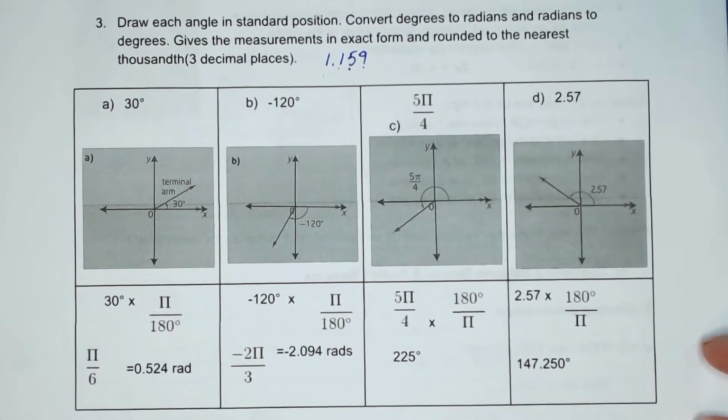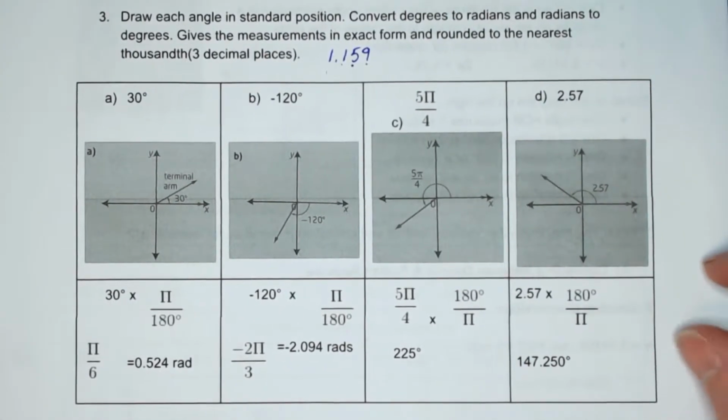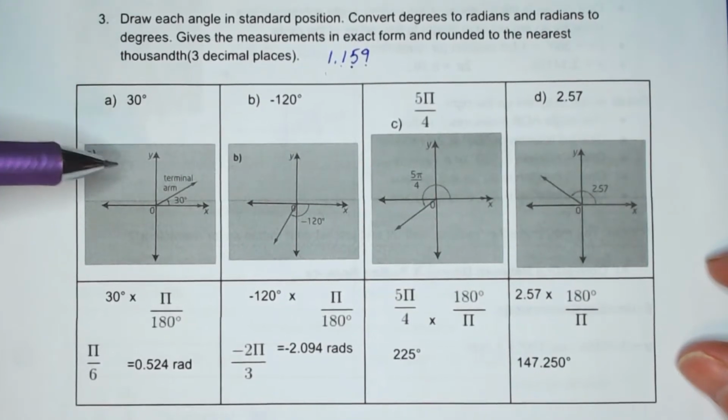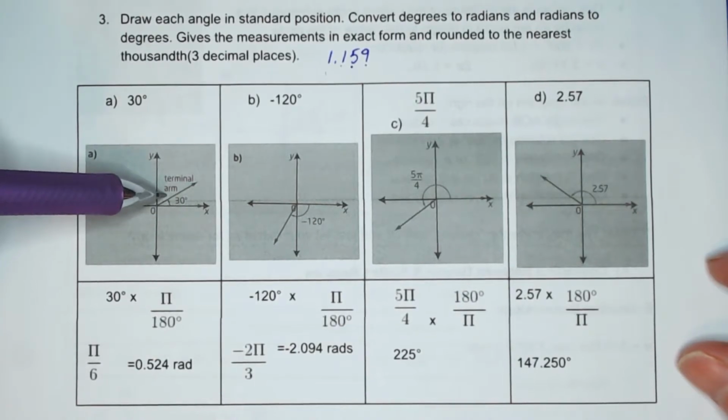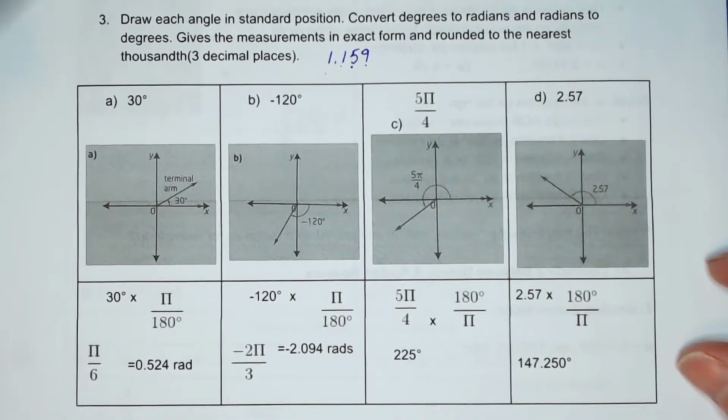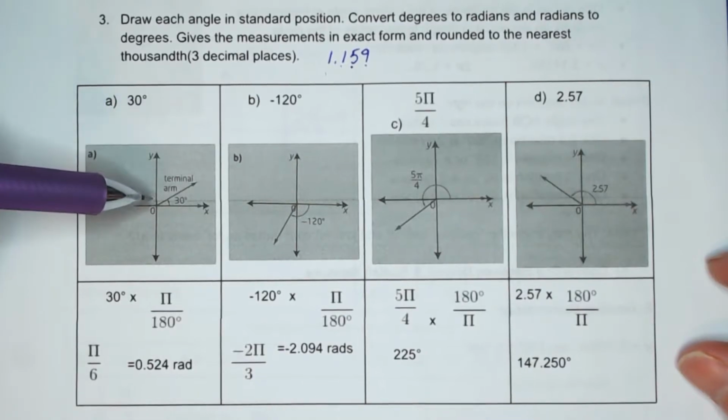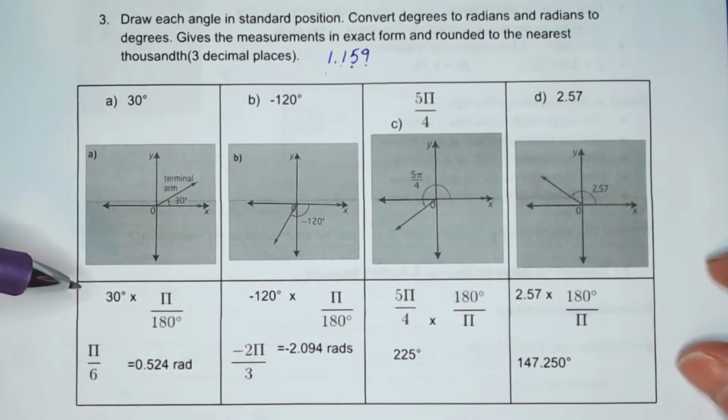Now, below this, I have 4 examples for you. So our angles are starting in standard position with the initial arm on the x-axis and the terminal arm will end up somewhere in the 4 quadrants. So in this first example, 30 degrees, we have our terminal arm here. To convert it to radians, what we're going to do is multiply the degrees by pi over 180.